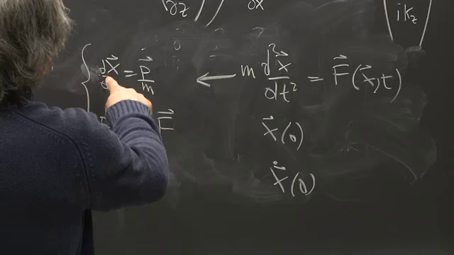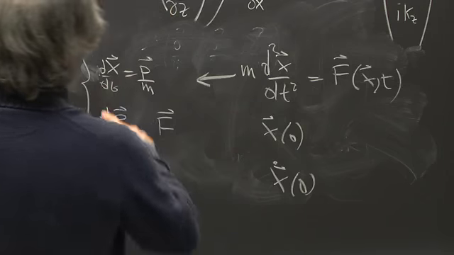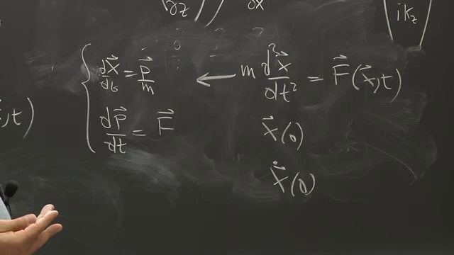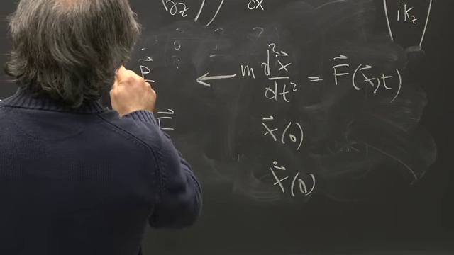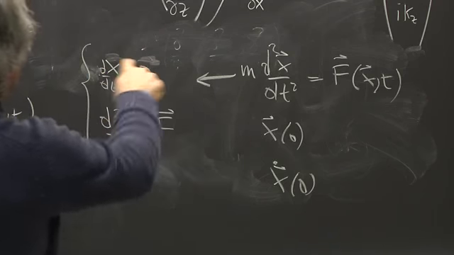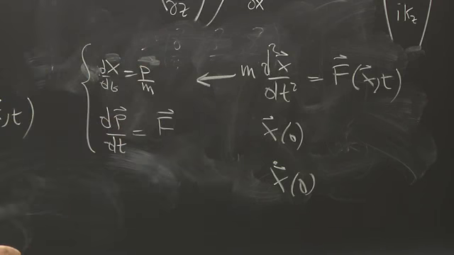After all, for an equation of this type, if you have to study it on a computer, how would you discretize it? Let's simplify things. Suppose that you are in one dimension and you have just this. How would you study it?